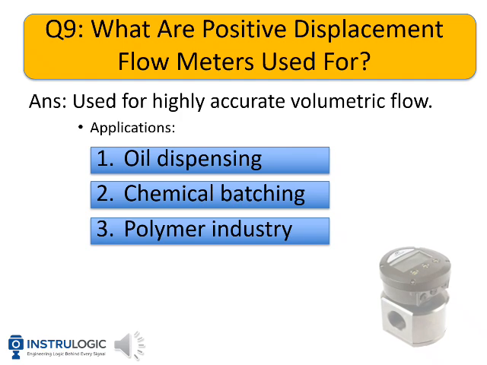Oil dispensing, for precise delivery of lubricants and fuels. Chemical batching, ensures exact quantities in chemical processes. Polymer industry, where accurate measurement of viscous liquids is critical. Positive displacement meters are chosen when accuracy is the top priority, especially for billing or critical chemical processes.